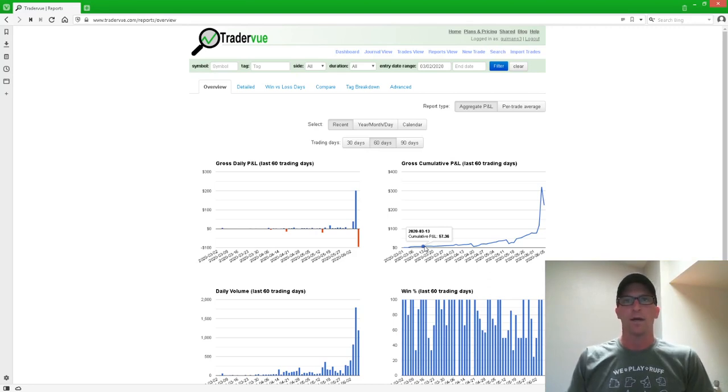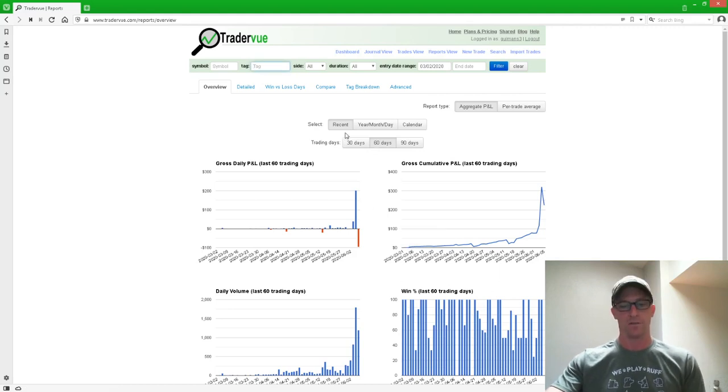So you can see my profit and loss from the beginning of March. March 2nd is when I took my first kind of bounce trade, and I was like, oh, that was pretty cool. That worked out. Again, I started with one share, so you can see how low the profit and loss is. I literally made 70 cents.